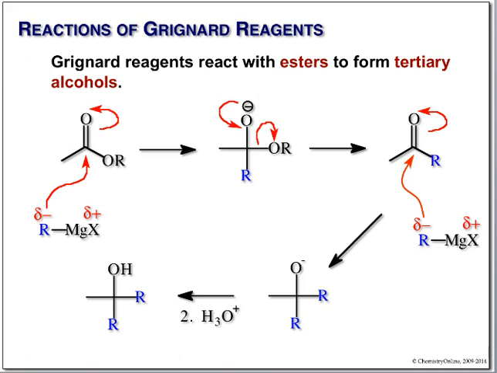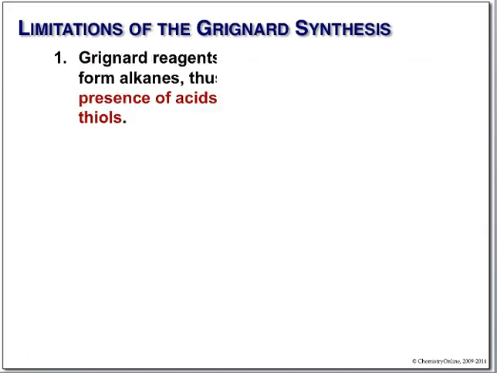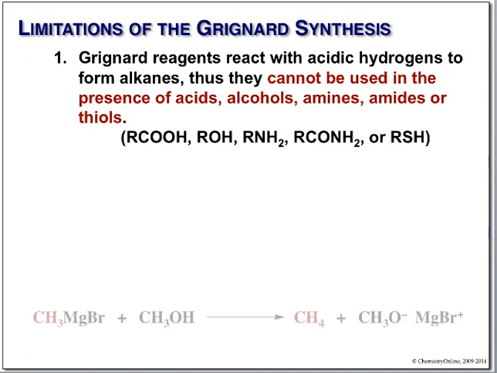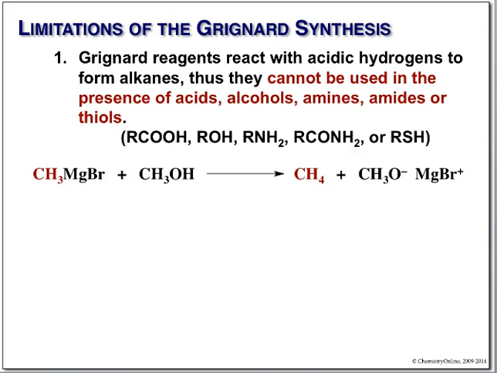Now, the Grignard reaction is an amazing thing. It does, however, have certain problems. This Grignard reagent, we keep saying is a carbanion, right? Because it's a carbanion, it's also a very, very strong base. And it can yank a proton off of anything.